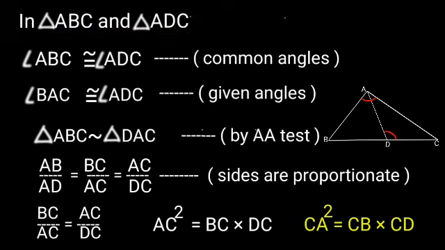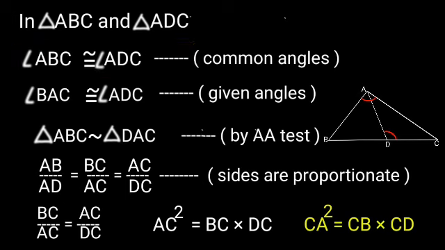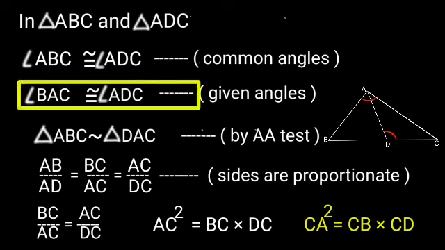In triangle ABC and in triangle ADC, angle ACB is congruent to angle ACD. The reason is common angle. Angle BAC is congruent to angle ADC.